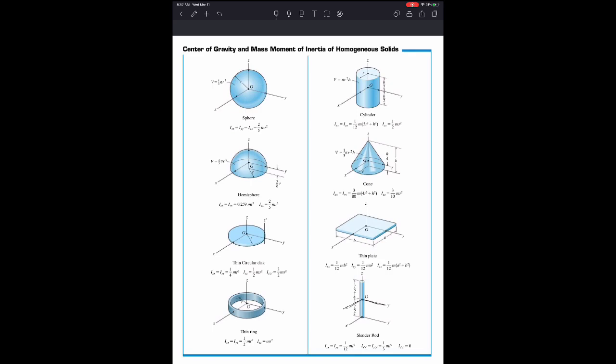We're talking about those. Ix and Iy go through the center of mass of the object, and you can see that the formula for those is given here. This formula I actually used in my previous video. So the I we want to use is 1/12 ml squared.